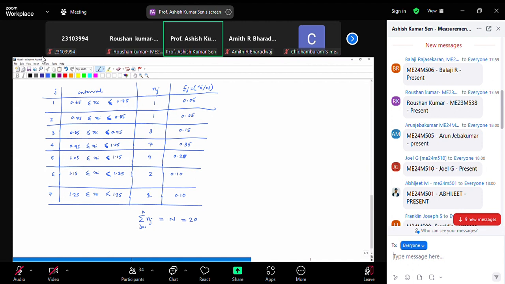We can also see that the sum of fj into 100 should give you 100%. You can add all these and multiply by 100, and it should give you 100%. You can check that for yourself. Also, we said that for at least one interval, nj should be greater than or equal to 5. So we get at least one interval where nj is greater than or equal to 5, and this is also satisfied.